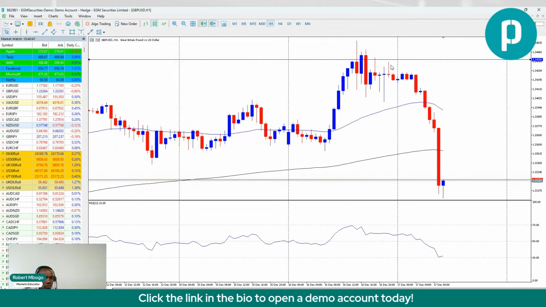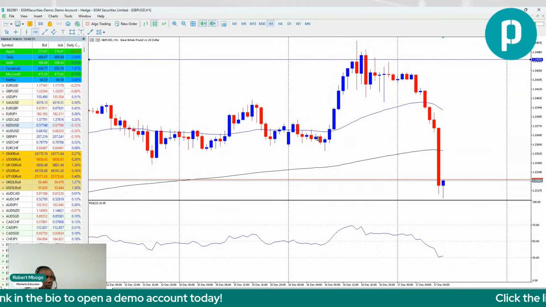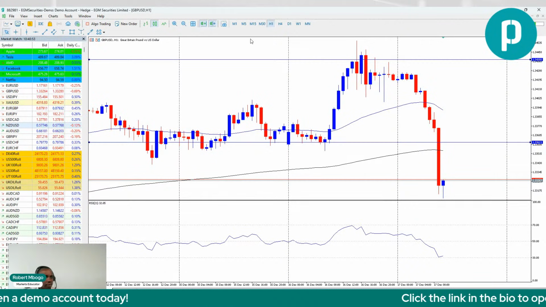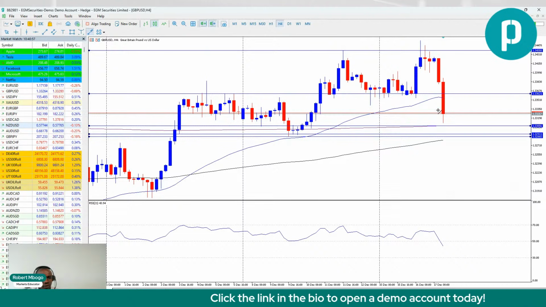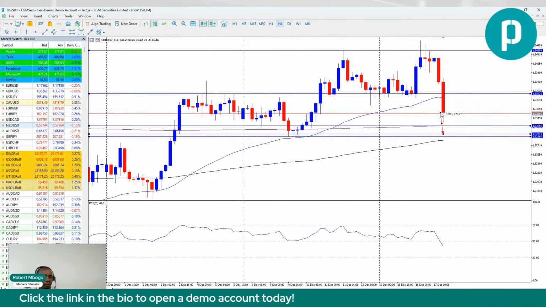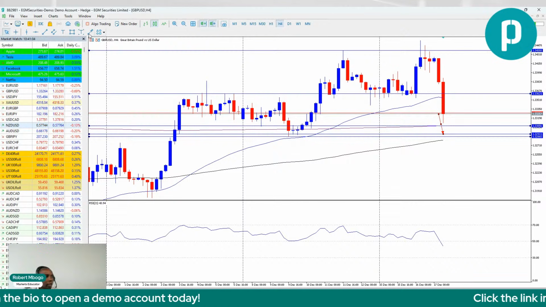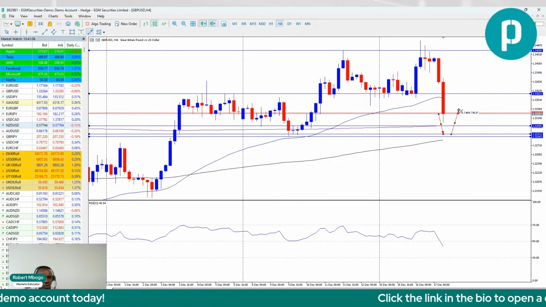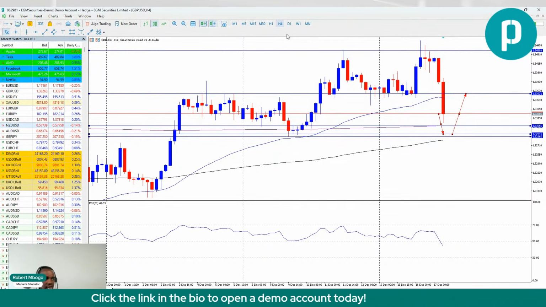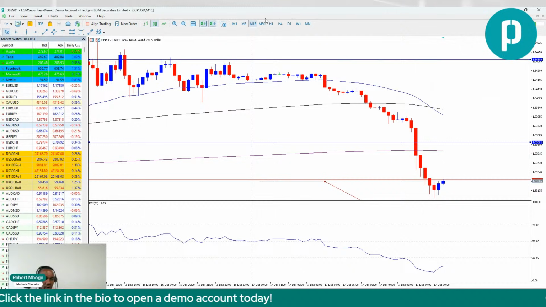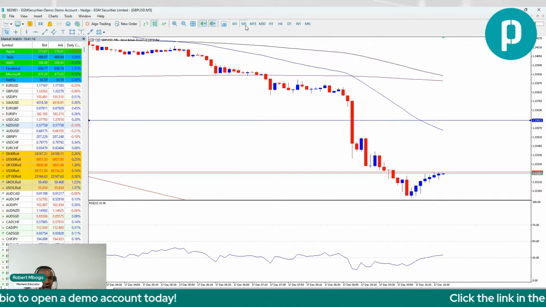If I were to map out this one, I would probably be looking at that as a possible exit area. So if GBPUSD comes down to this area, then I'll be looking for a bullish move, almost 70 pips on GBPUSD. That's at least what I would want to see on this particular pair.